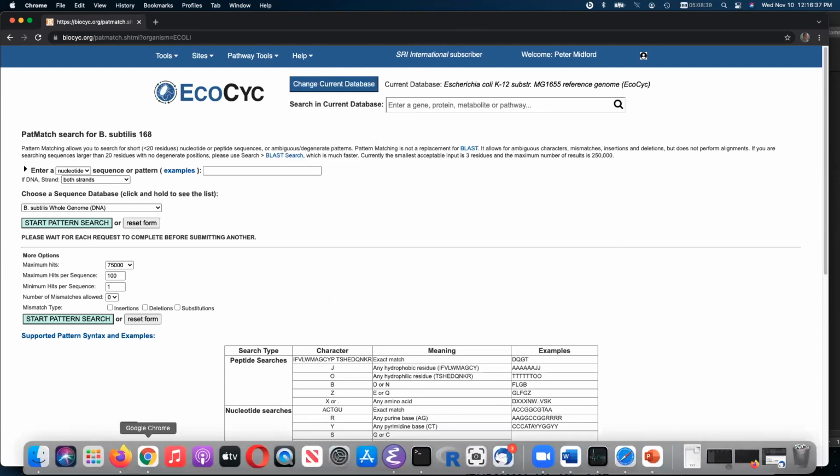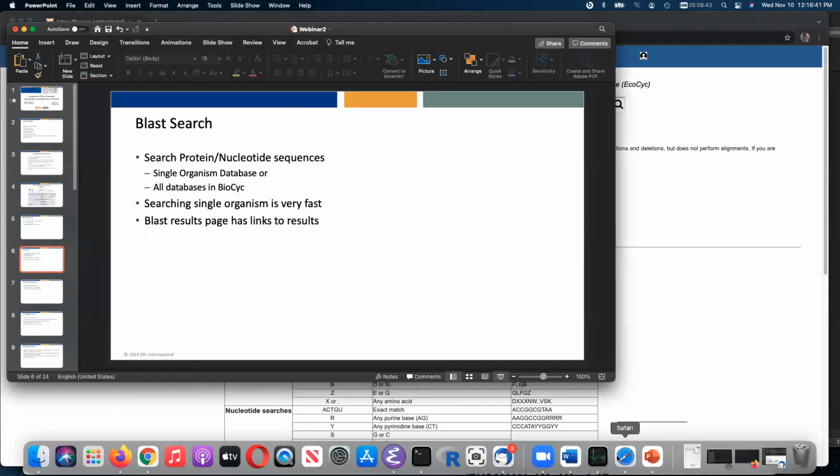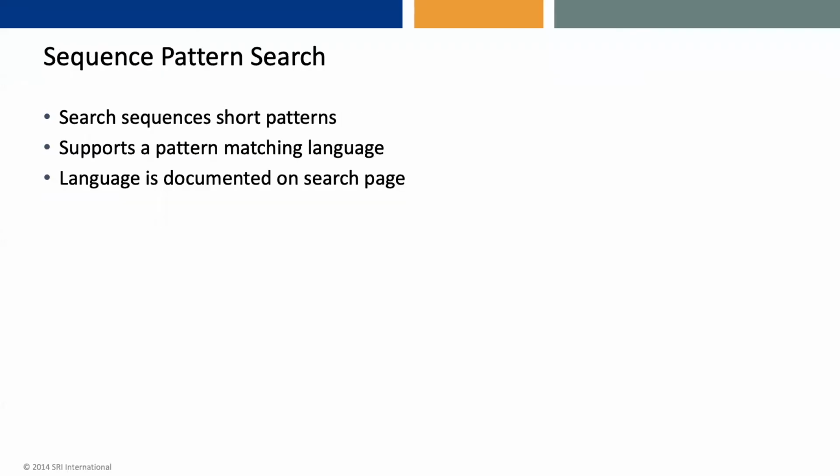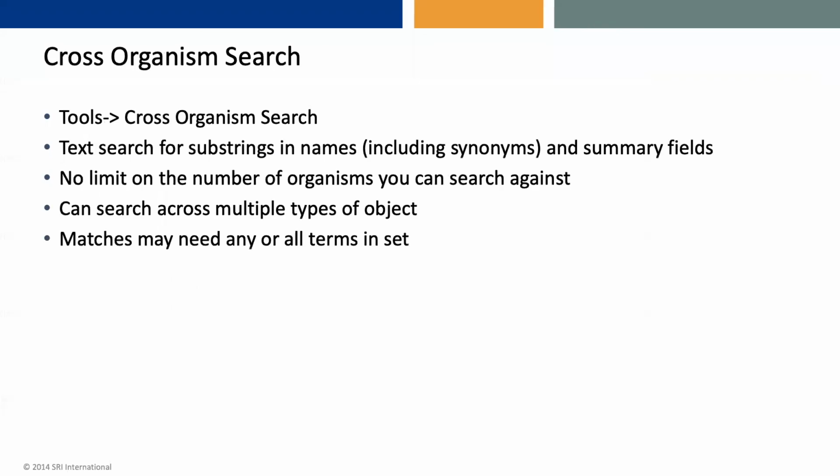Okay, another search that we have is a cross-organism search. Okay, I talked about pattern matching search. So cross-organism search is a way to do a text search for substrings in 2 fields.